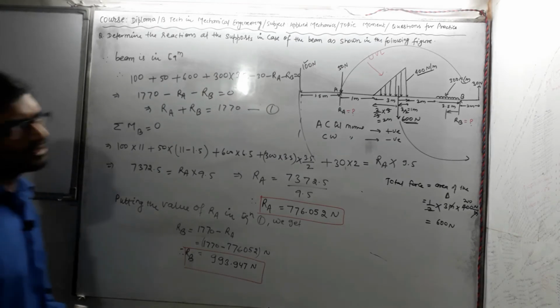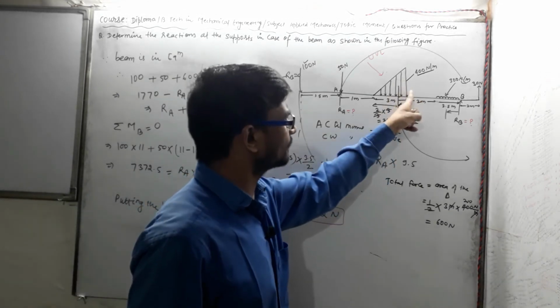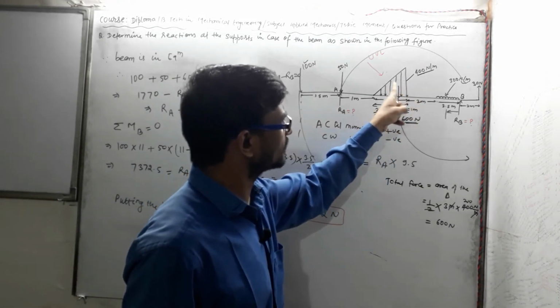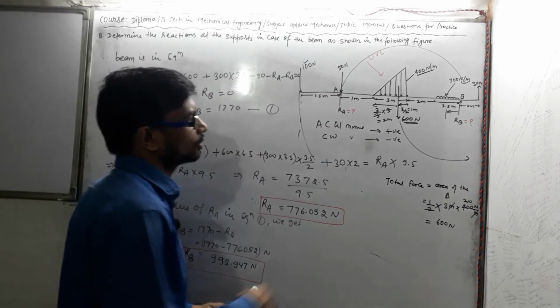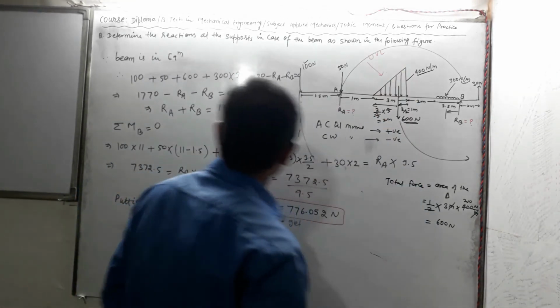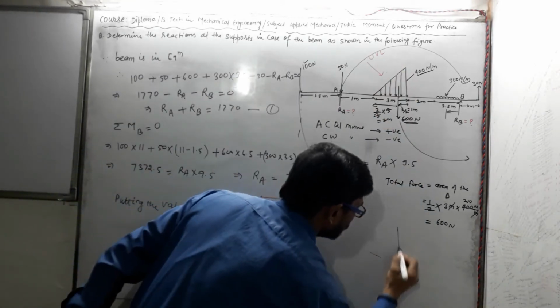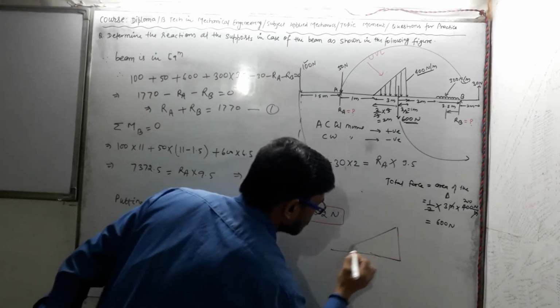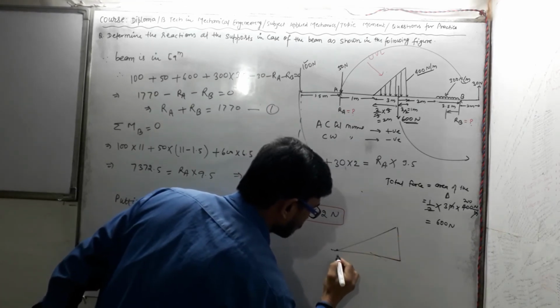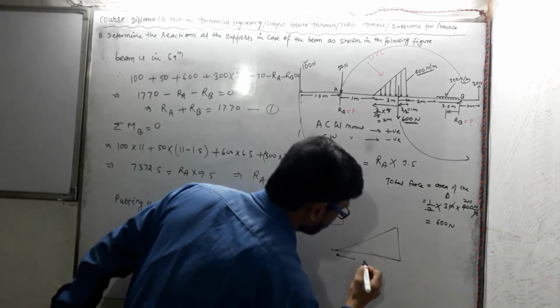So to calculate the amount of force acting at this point, once again I am going to show you. See, the load is triangular in shape, and the span length is 3 meter.